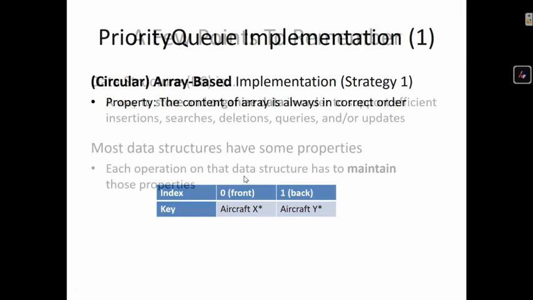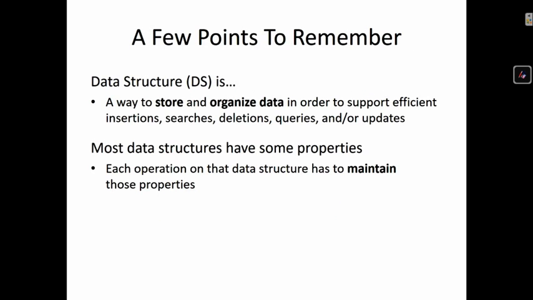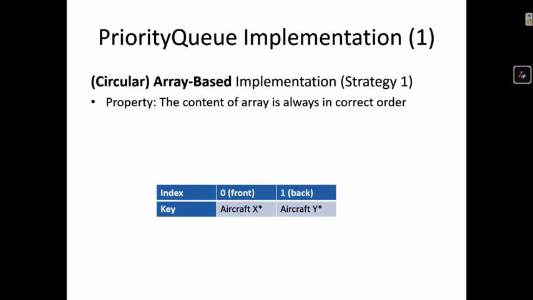Just using your 10-20 knowledge, now you know that you need a priority queue instead of a normal queue. How will you implement your priority queue? One way to do it using 10-20 knowledge is to use a circular array-based implementation.